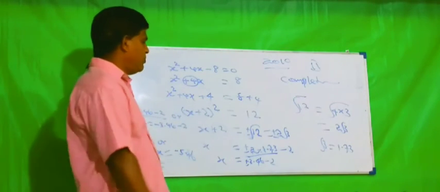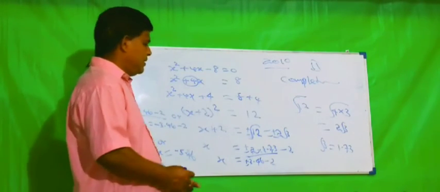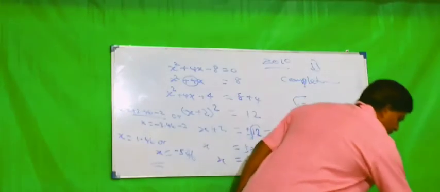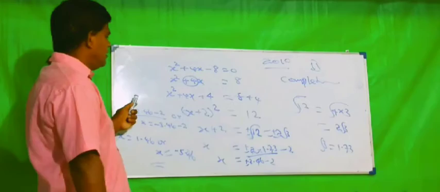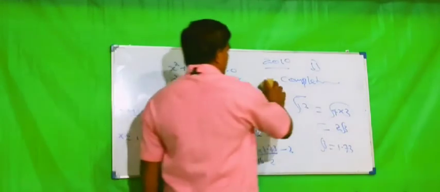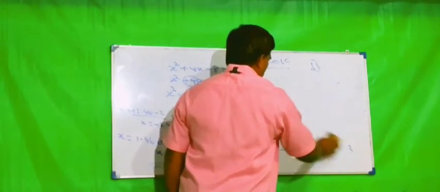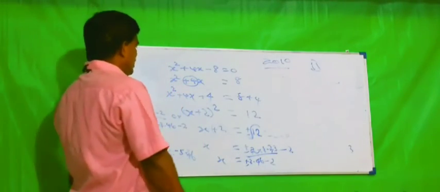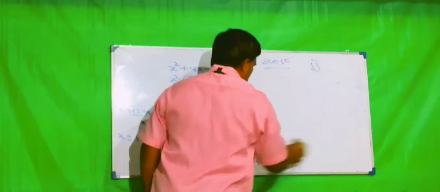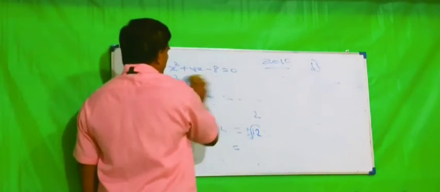If you follow your papers, it can be seen. This is one question taken from the papers to use completing the square. There is another method also to solve equations like these.